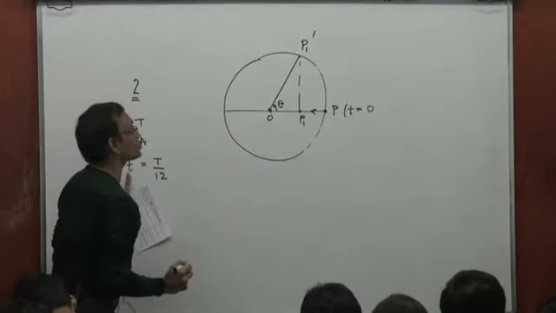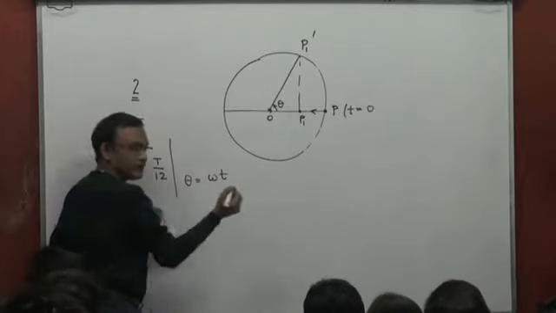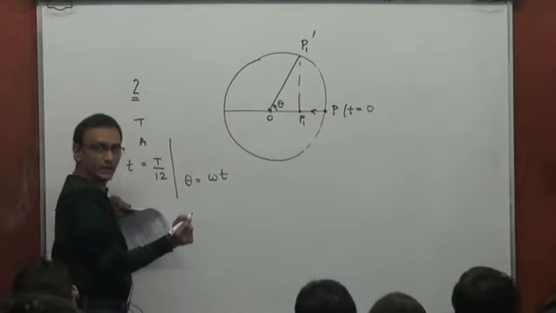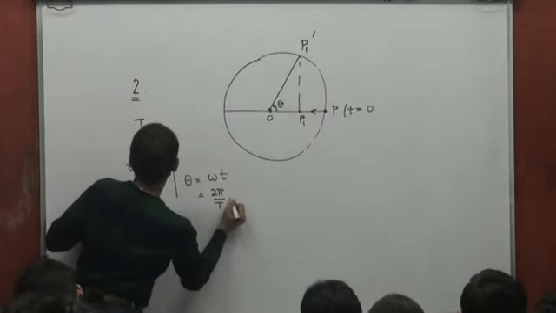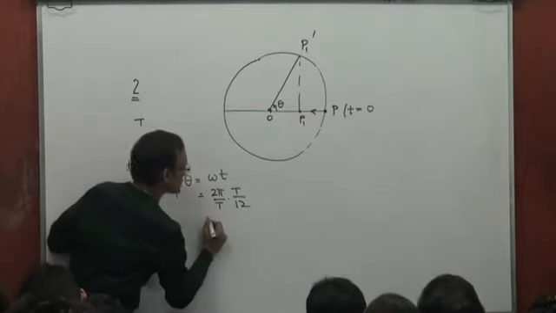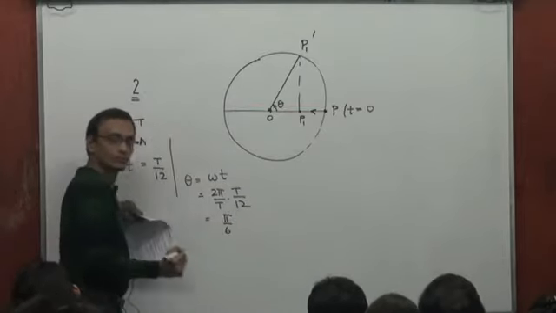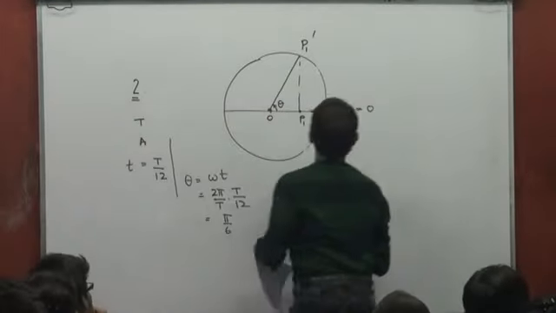In a time t, the auxiliary particle describes an angle theta, which is omega t. Omega is 2 pi by T into t, which is T by 12, which is pi by 6. Pi by 6 is the angle described. So theta is pi by 6.